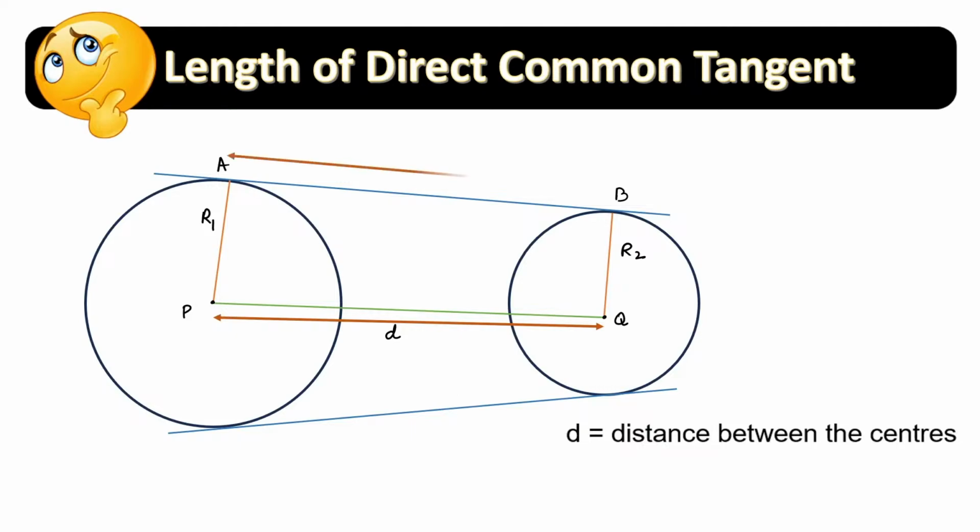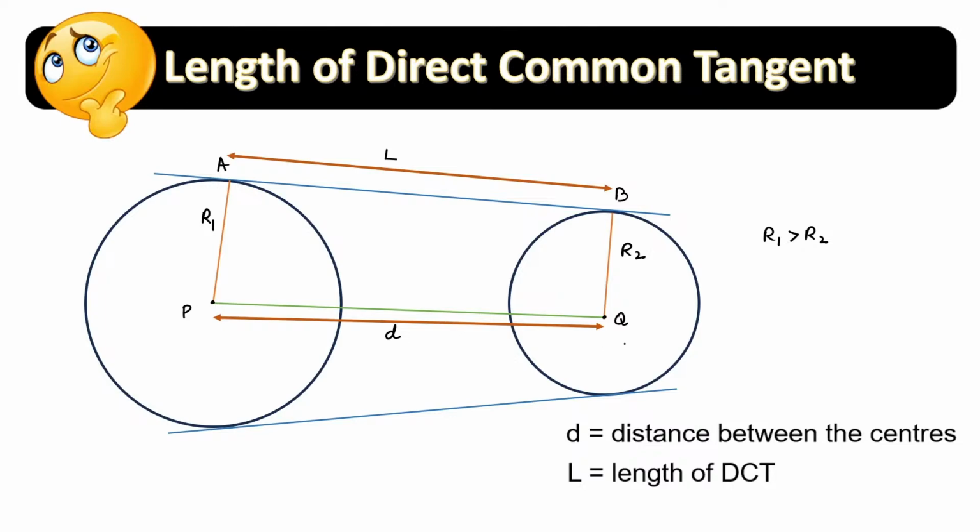Let us say L be the distance or length of the direct common tangent. So this is our length L. AB is the length of the direct common tangent. We have assumed this thing as capital L. Now we can easily see here that your R1 is greater than R2.